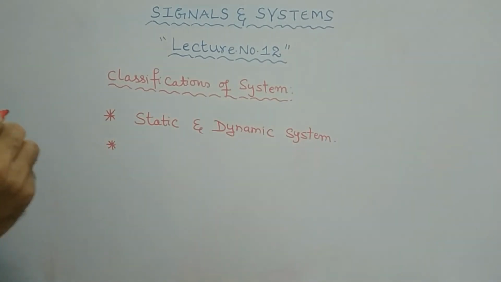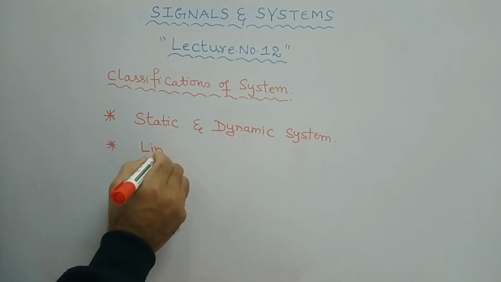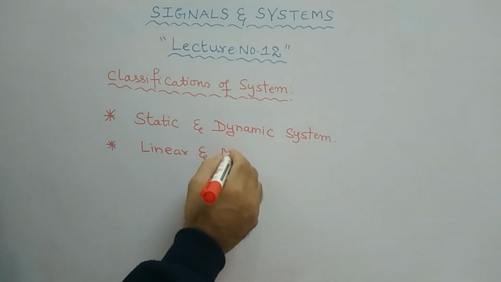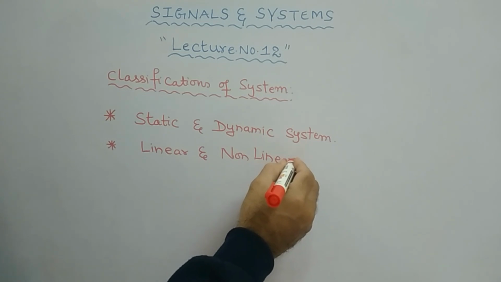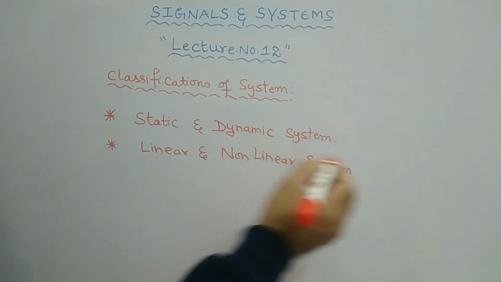The second one is linear versus non-linear system. This is another classification of systems.